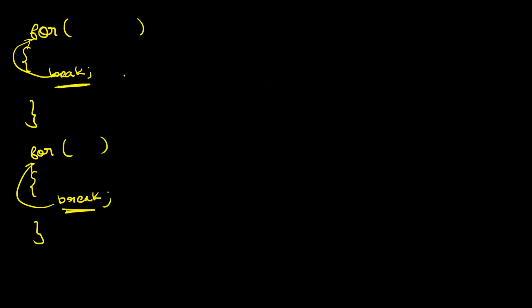Then what is continue? Break is very simple. Somebody was asking about a nested loop. Let's say you have a for loop, and inside this for loop, you have another for loop. If I have a break written here, can you tell me with which for loop this break will get associated?